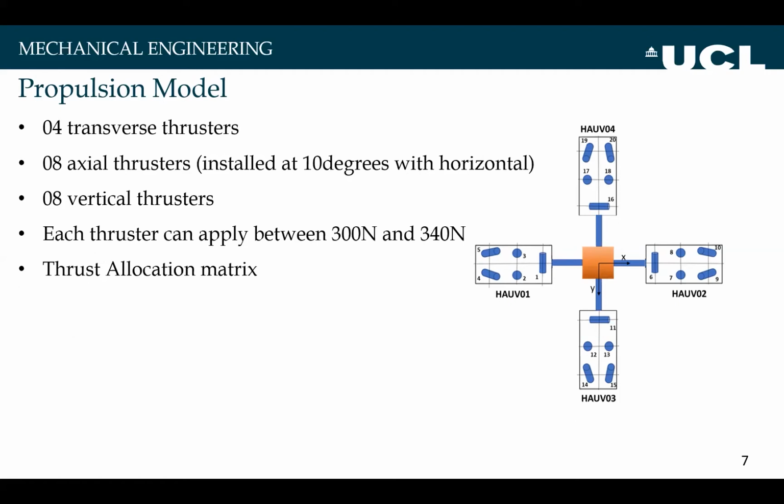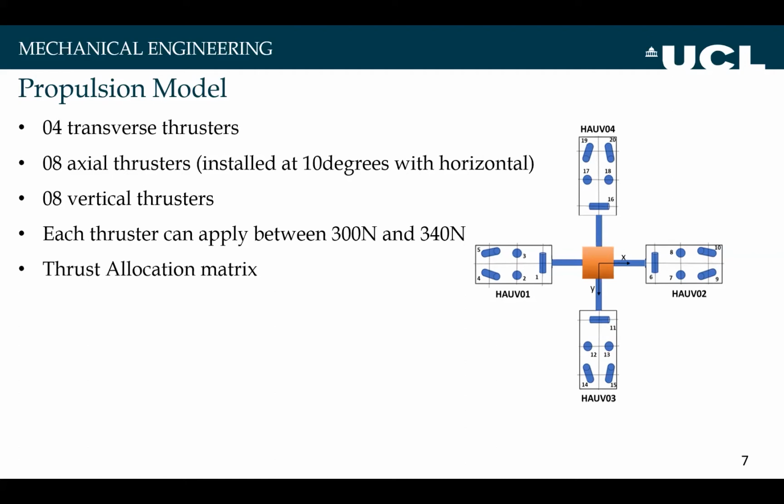The interesting thing about this model is that the axial thrusters on HAUV 1 and 2 would apply in the x direction, and those on 3 and 4 are applied in the transverse direction.